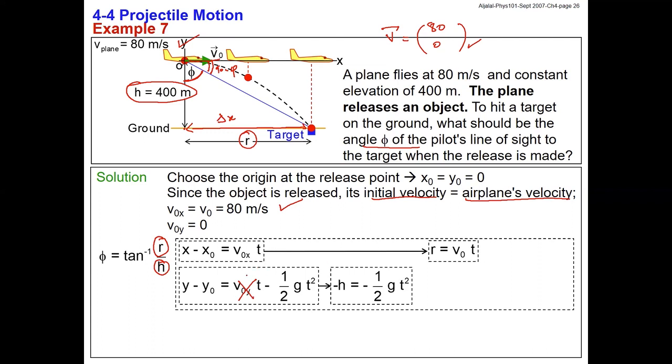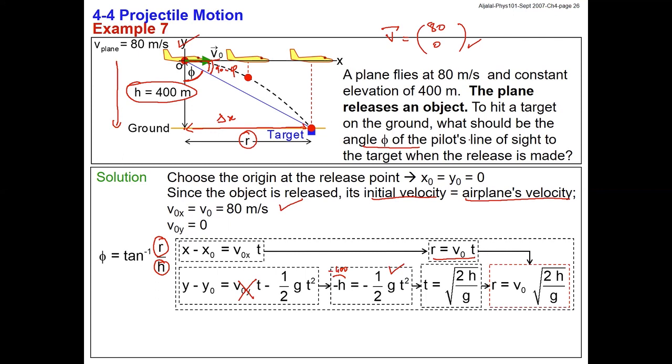So I just have y minus y naught, which will be equal to minus h. The displacement is negative, so minus h is equal to minus half g t squared. So here I can get the time. Once I get the time from this y equation, I plug it here and I get my small r. So the time is square root of 2h divided by g.